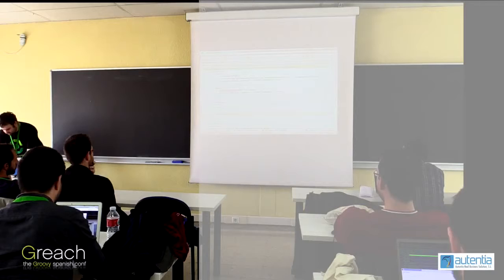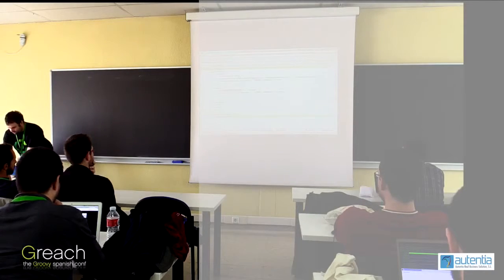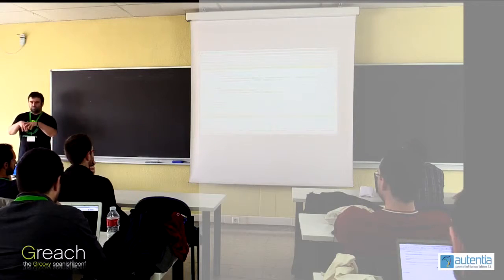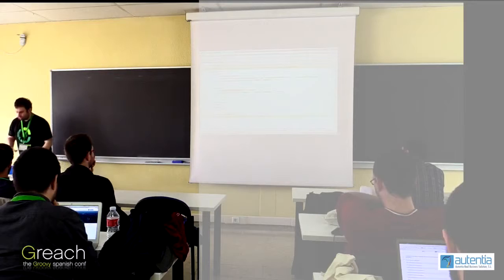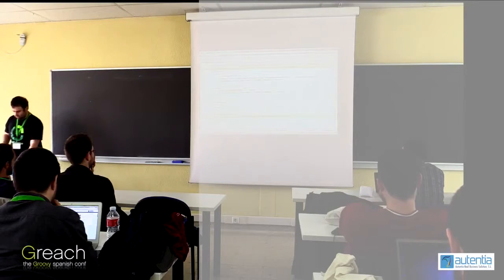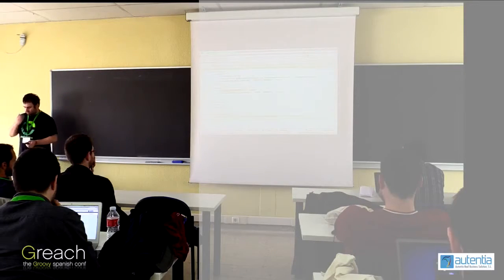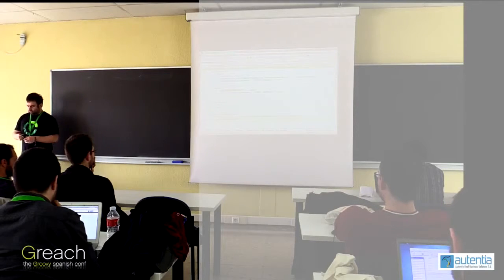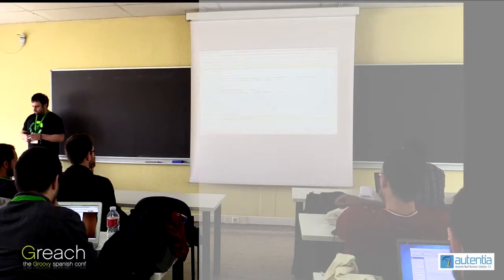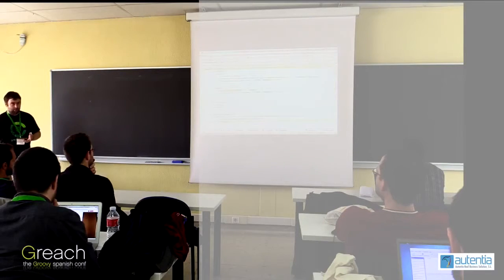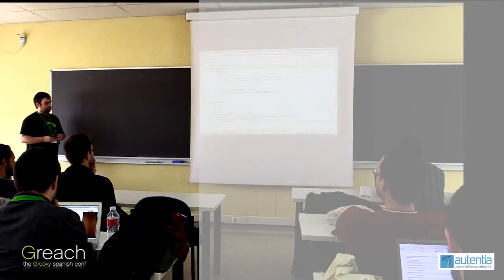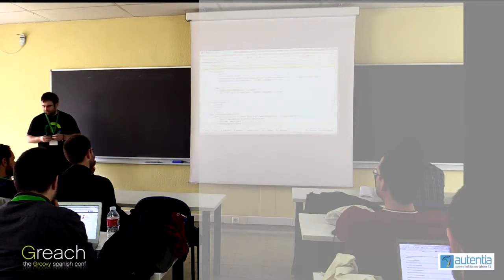With applicationVariants.all, that gives us the container of all the variants created. Now I want to create a checkstyle task per variant. That's plain Groovy or Gradle syntax, sorry. So you create a task and I name it like the variant and checkstyle, and it's of type Checkstyle, which is shipped as part of the Gradle distribution.